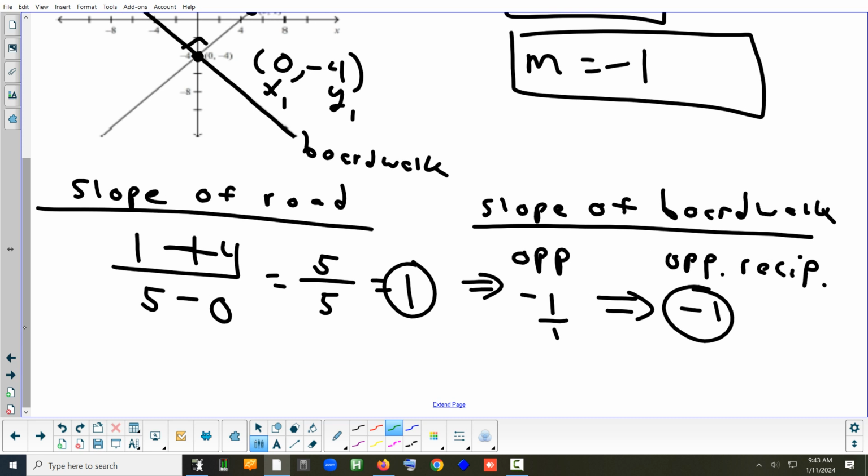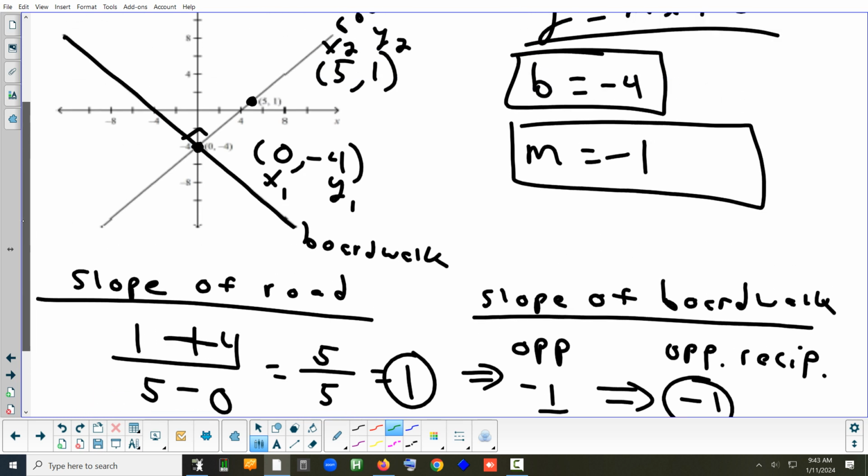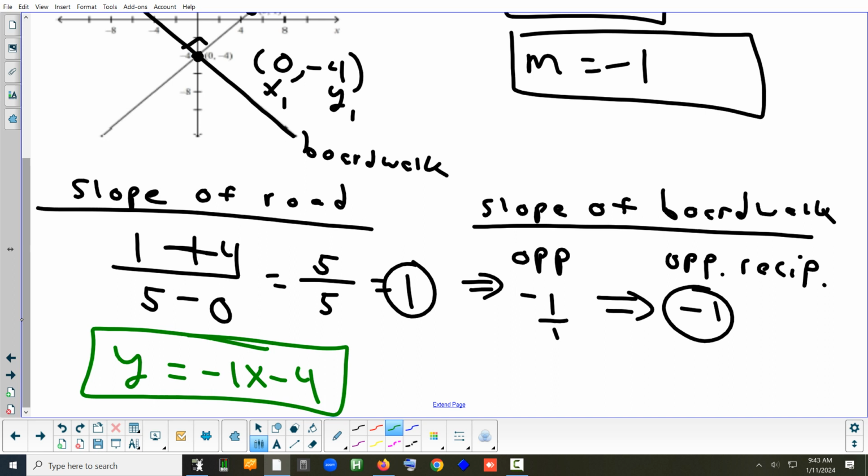Yep, perfect. Any question on that? Right, so a little bit different, but really still based on what we learned today. You just have to think about how to get that slope.